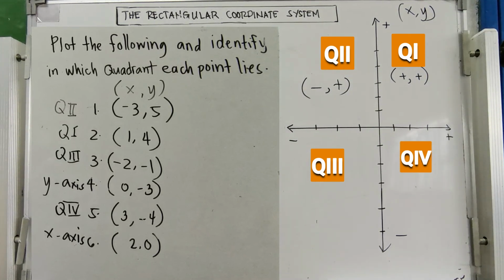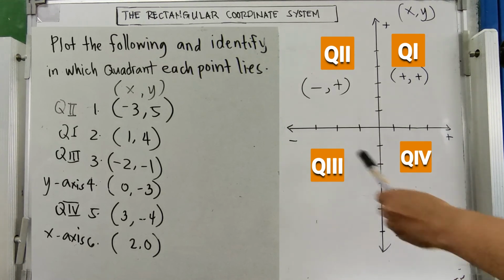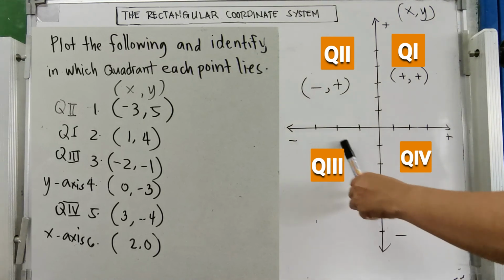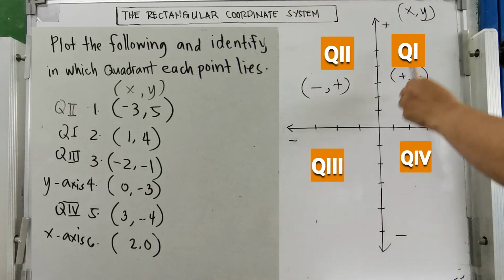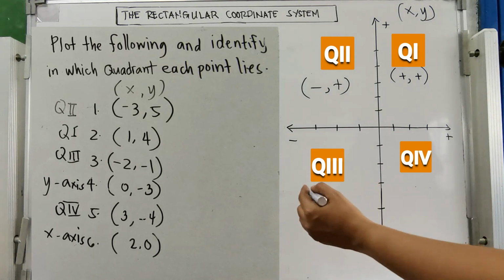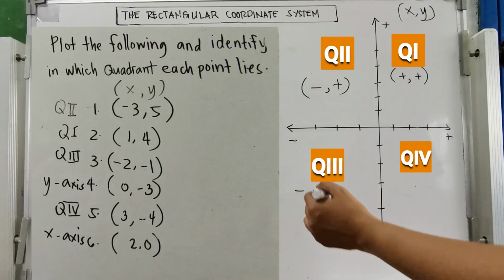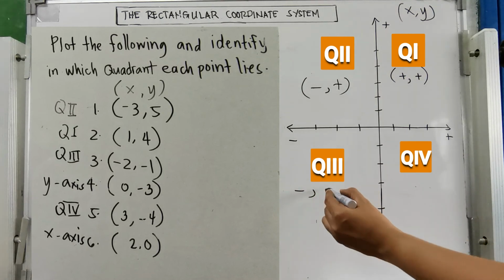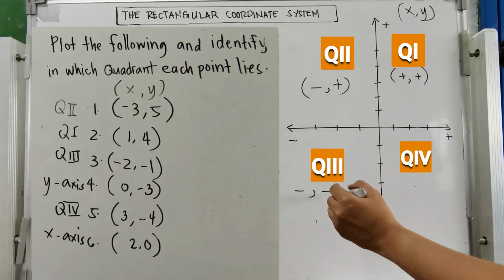Okay? So, next is the third quadrant. Ibig sabihin, etong mga points na maglalay dito in pattern (x, y), yun lang ang mga coordinates na merong negative sa x coordinate and negative din sa y coordinate.